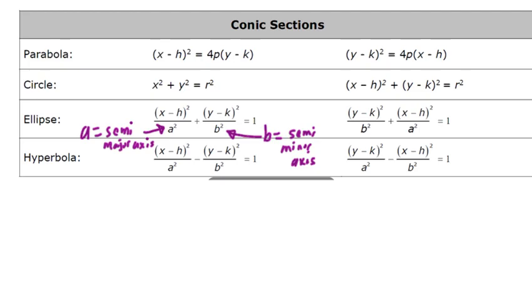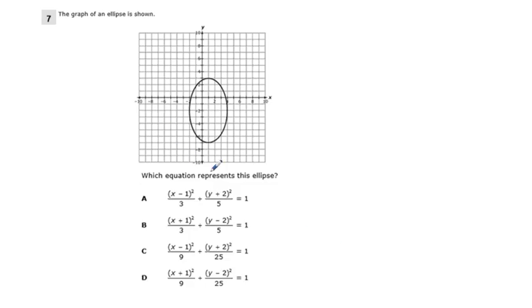So if we go back to our problem, we say which equation represents this ellipse. Now, the graph should be good enough for you to recognize that this distance here is 10 units, and that's our major axis.